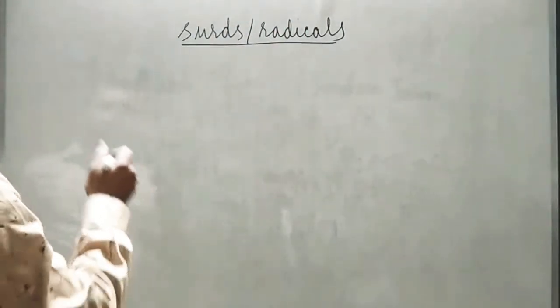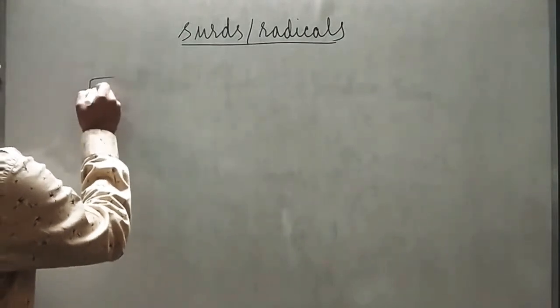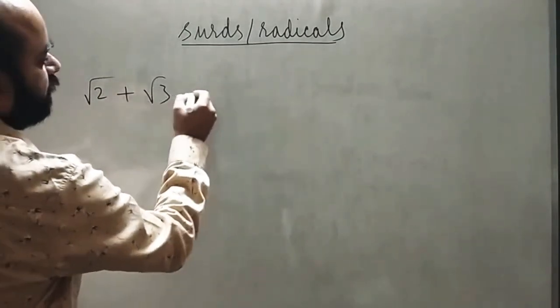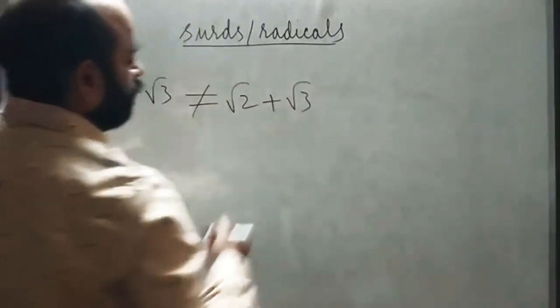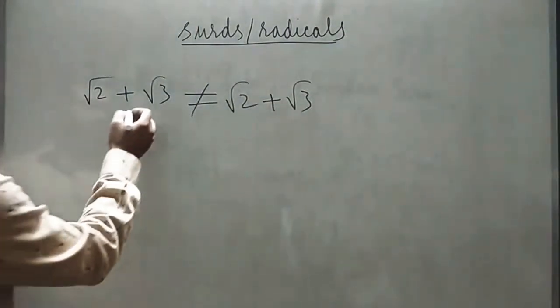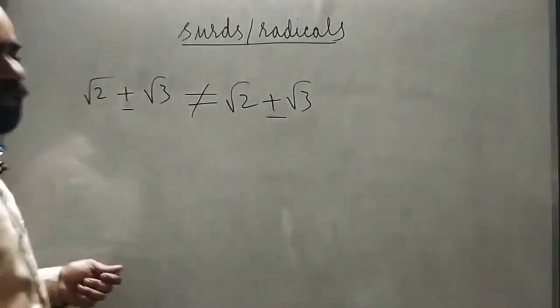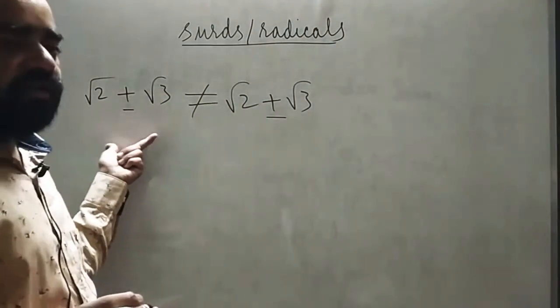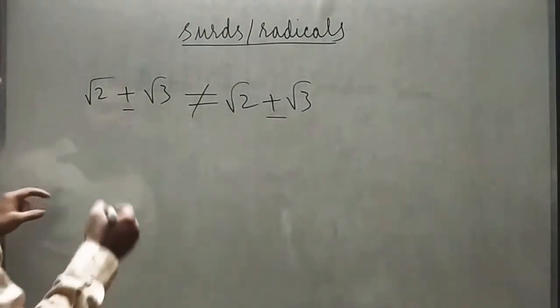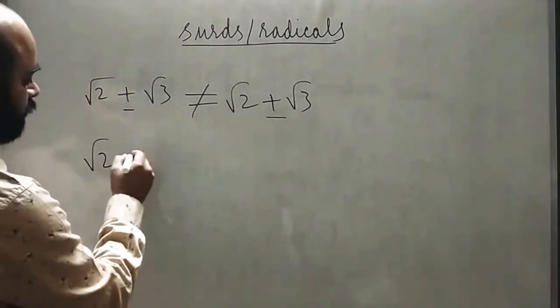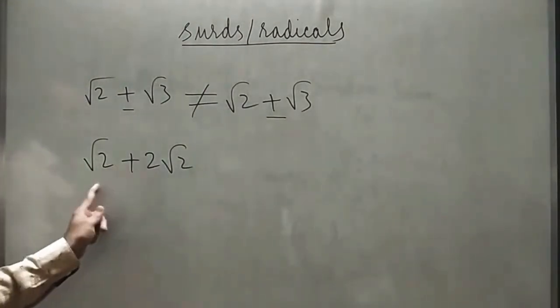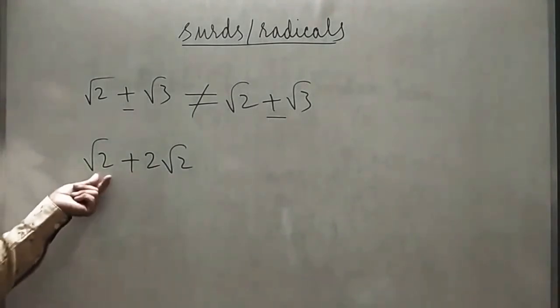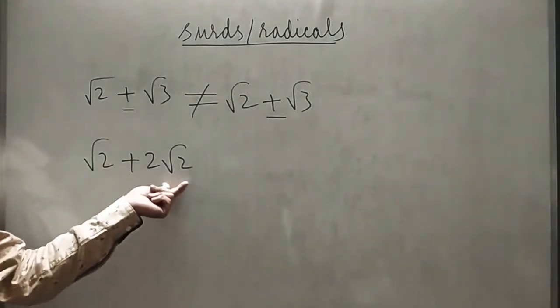Property means, suppose I ask, what about root 2 plus root 3? Can we add? No, we cannot add. Don't write root 5, correct? Or subtraction is there also. It means we cannot add unlike surds directly, but we can add like this. Suppose root 2 and 2 root 2 are written, then we can add. Why? These are equivalent to like terms. 1 chocolate plus 2 chocolate.